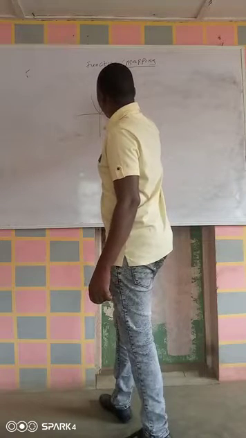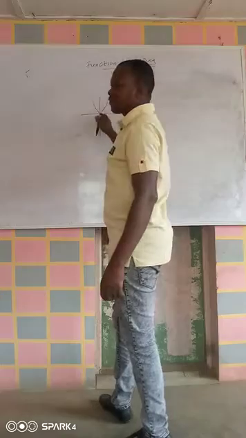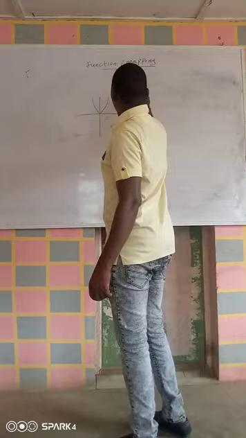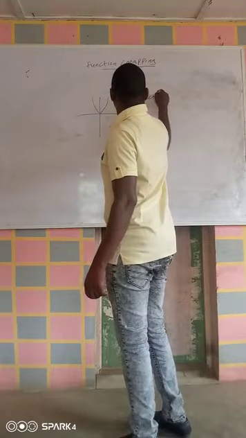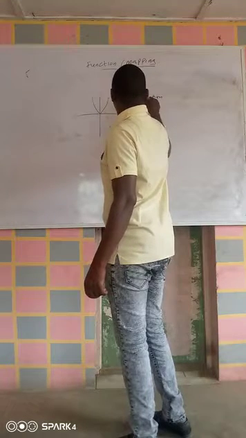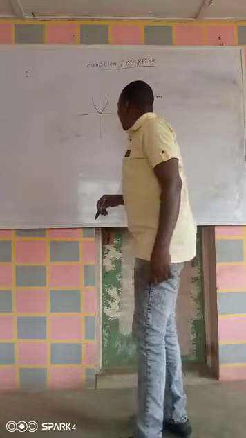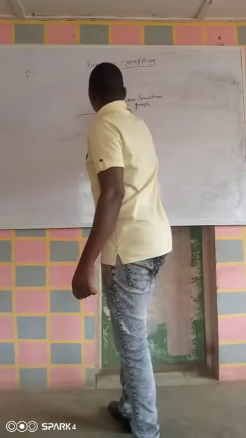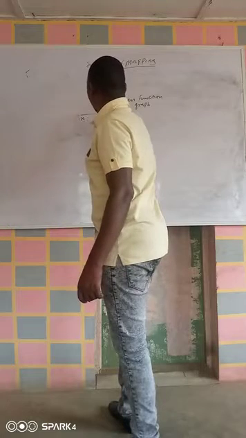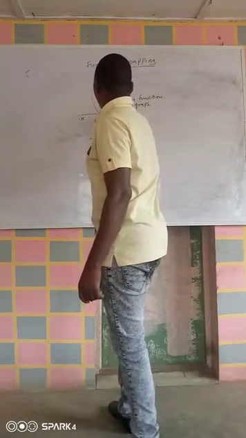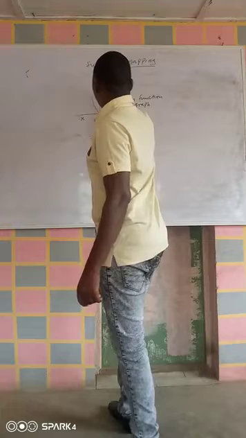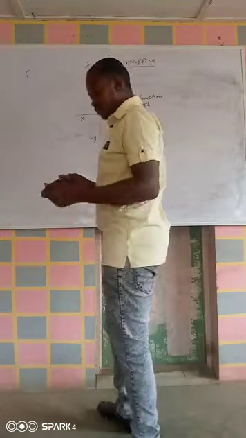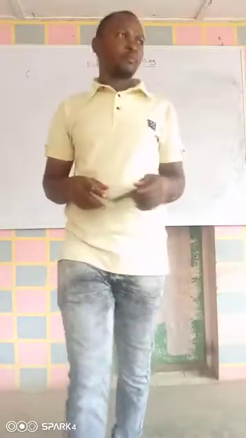So when you plot your graph and get something of this nature, we are having an even function graph. Where we have a y here, we have an x and minus x. So you can see that it's symmetric.